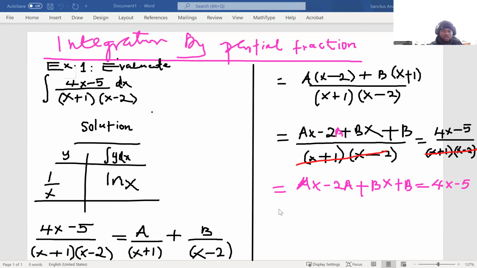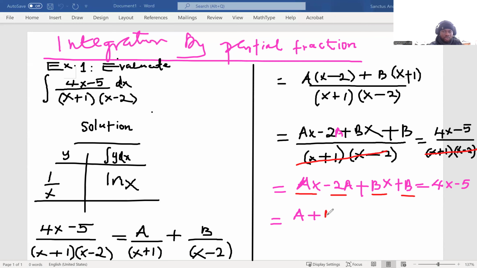Okay, so now we're going to group this way. We can say the coefficient of x, we group it together, we'll have a plus b. So this and this will come together, while this and this will go together.